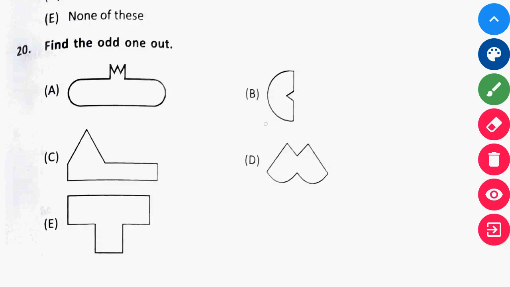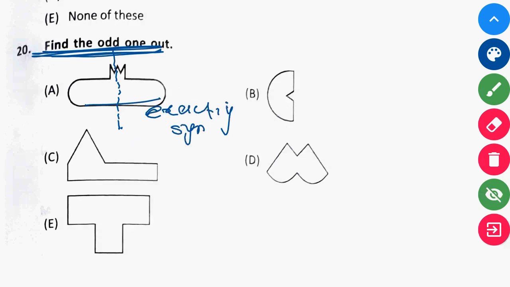Here in this figure, if we draw a line, it will divide this shape exactly symmetrically, means two portions are exactly the same.